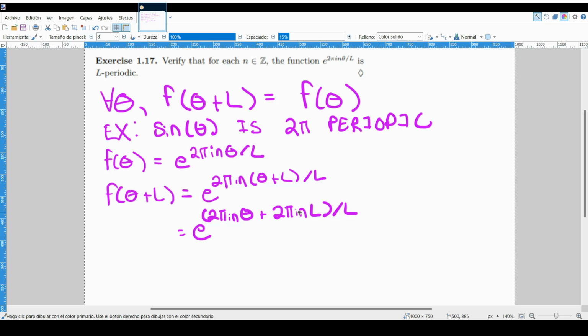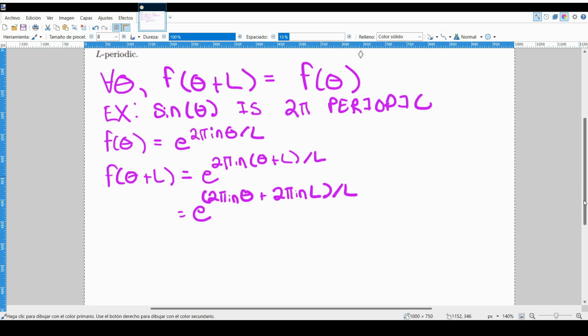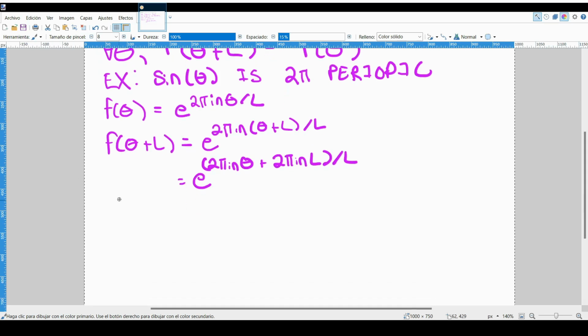Now, is there anything else we can do? One thing we can do is break this up into a sum of two different fractions. So if we take this left side and divide it by L, and then add the right side divided by L, let's write that down. This is the equivalent of e to the power of 2 pi I n theta over L plus 2 pi I n L over L. And then there's just one other thing we can quickly do.